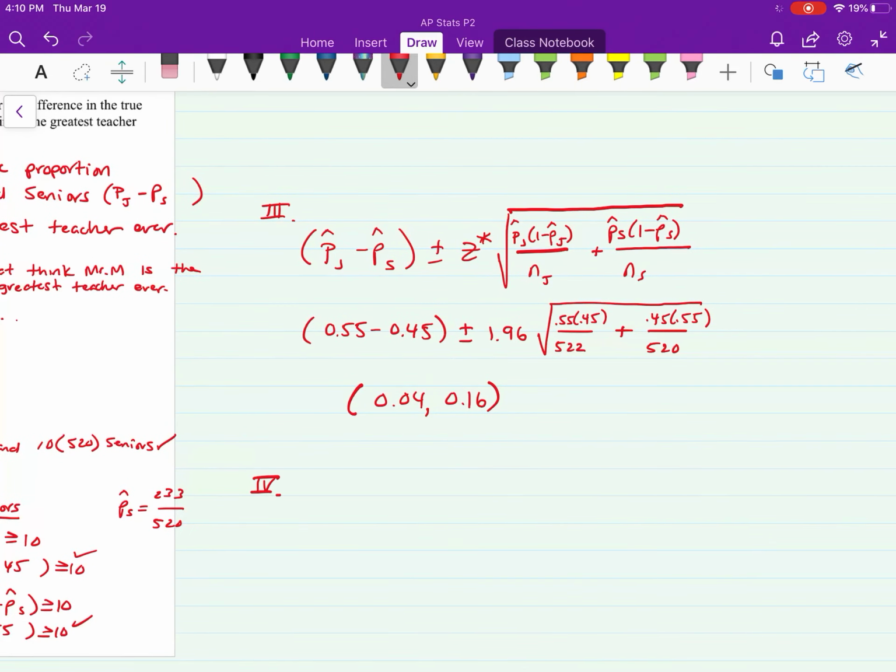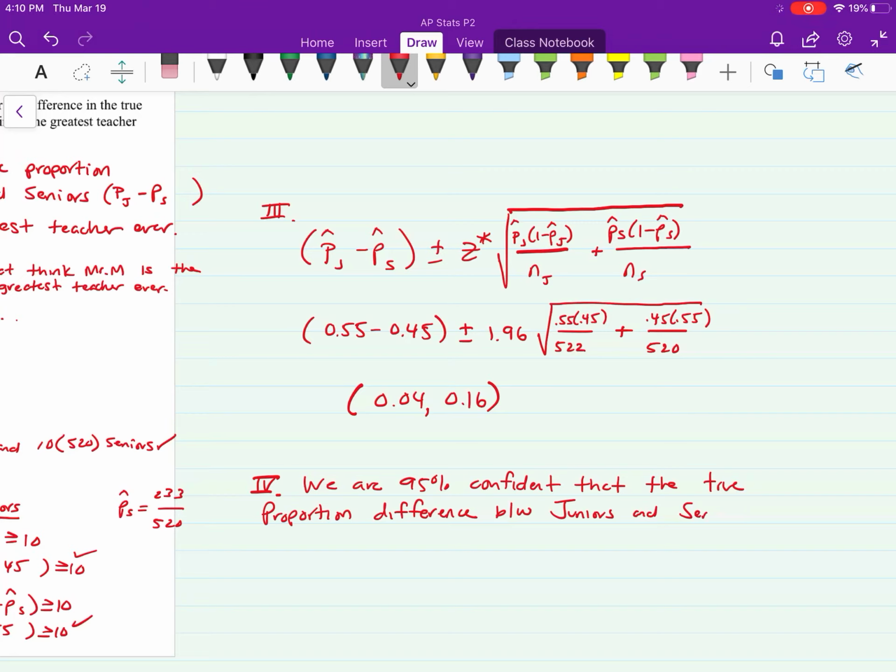So step 4, your conclusion. We are 95% confident that the true proportion difference between juniors and seniors is between 0.04 and 0.16.